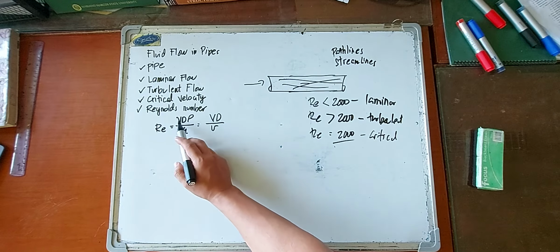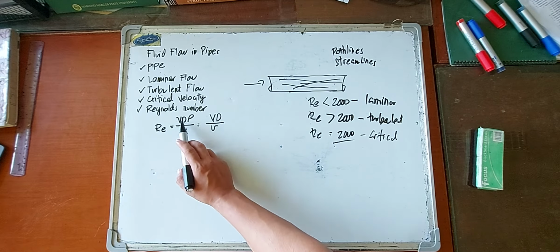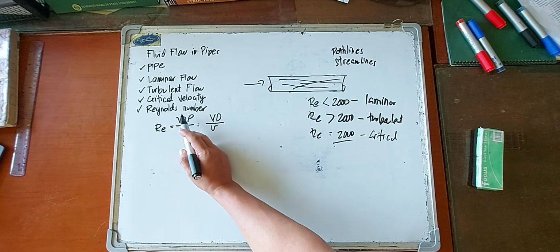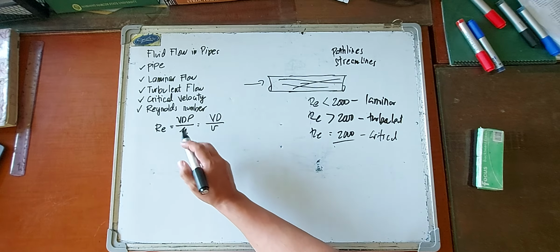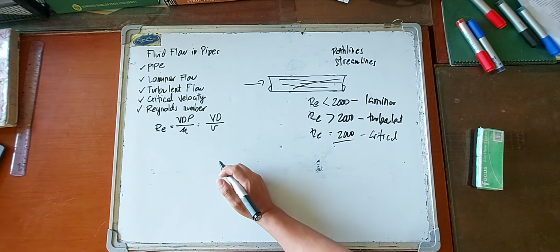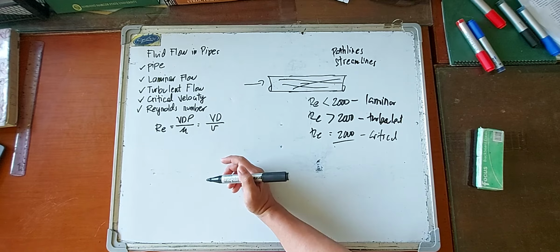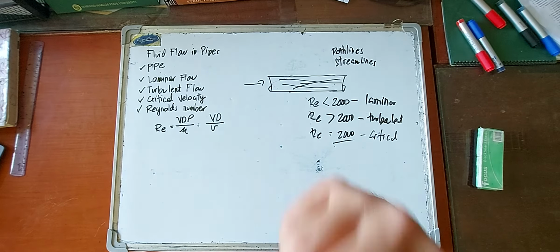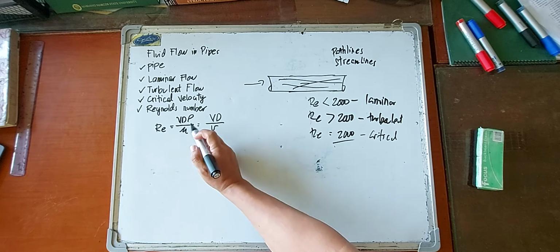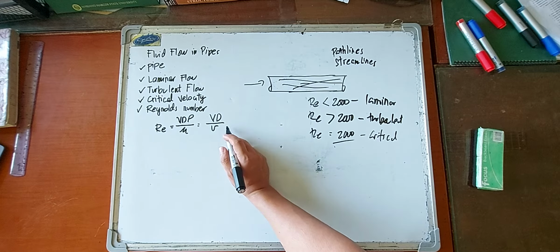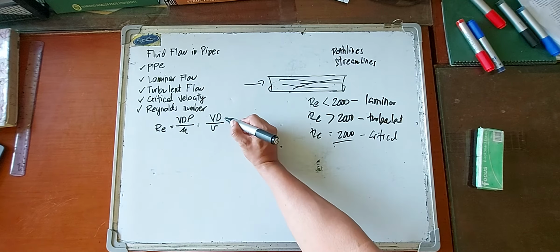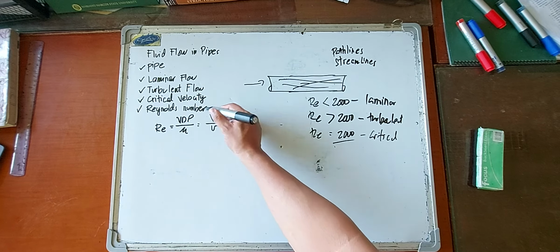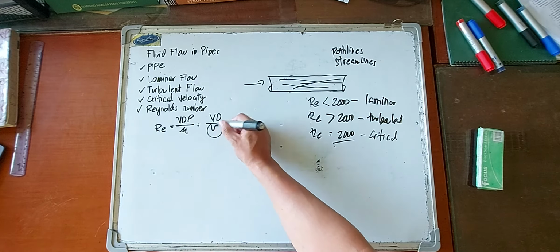So this is the velocity, the diameter. Now you can express, pag hindi circular yung pipe, you can express the diameter in terms of another value, which is the hydraulic radius. We shall discuss that a little later. Then in terms of the kinematic viscosity, okay, ito yung kinematic viscosity.